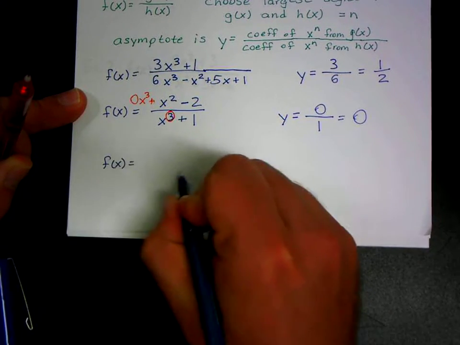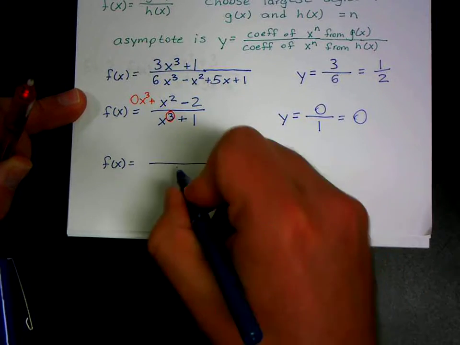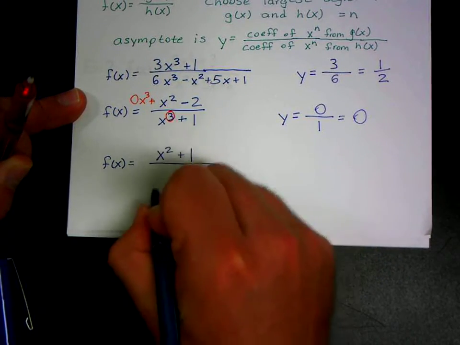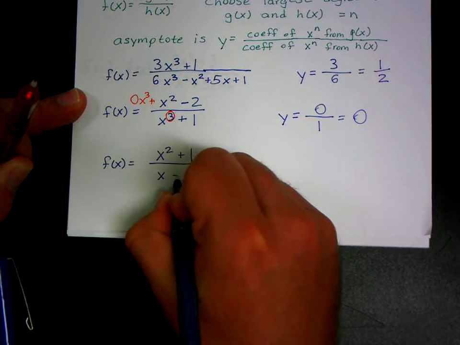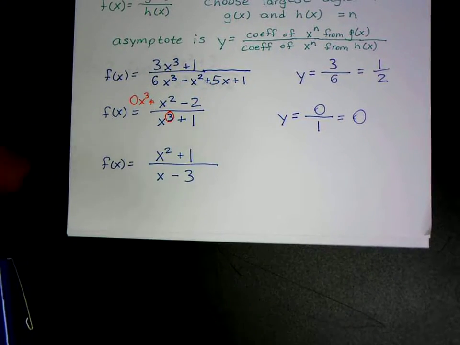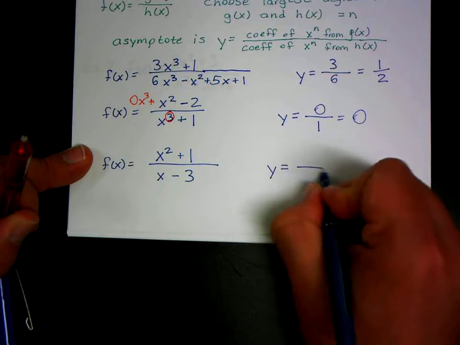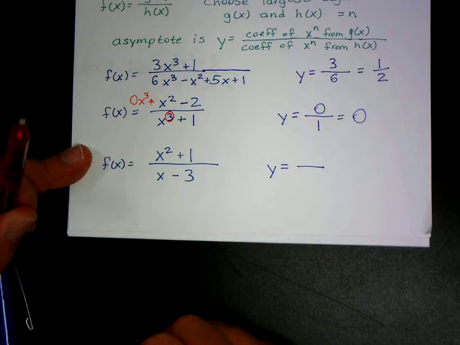Okay, now, this is what Taylor was asking about, which is your third type. Okay, what's my largest power? X squared. What's the number in front of x squared on the top?